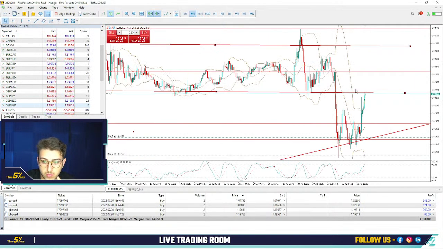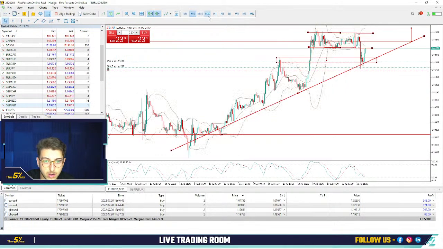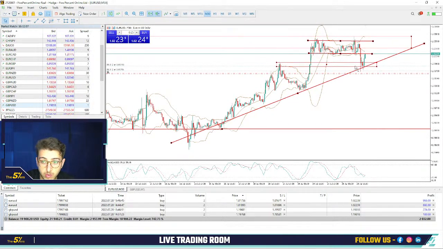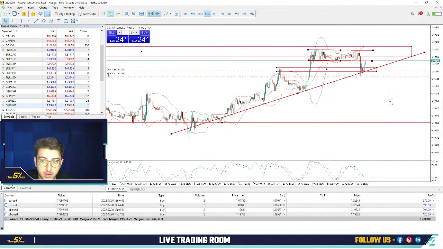You will also see here the low actually testing this zone. So I'm quite happy to exit some position here. But again, I expect the market to reach and enter the zone again to make a breakout on the upside. And yeah, I believe that's already a good trade.